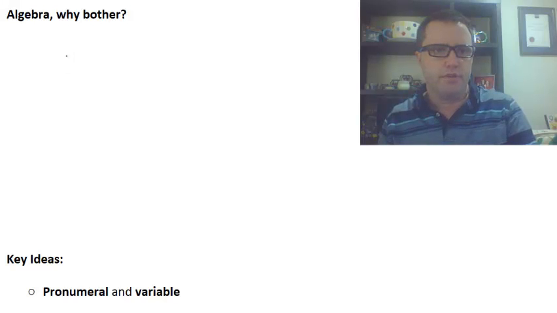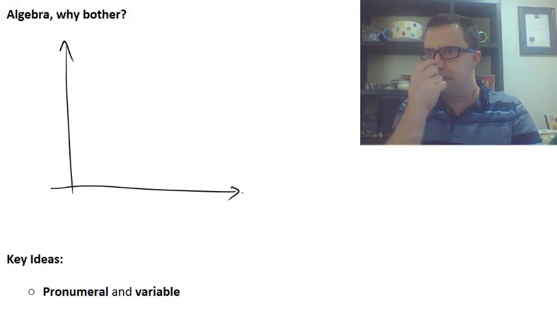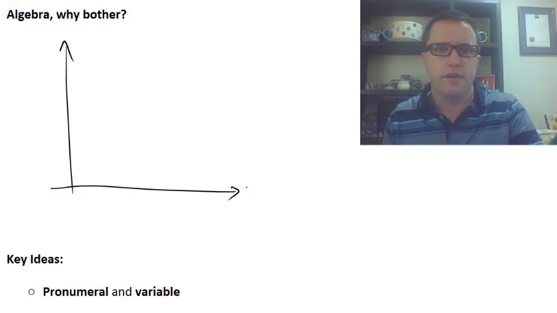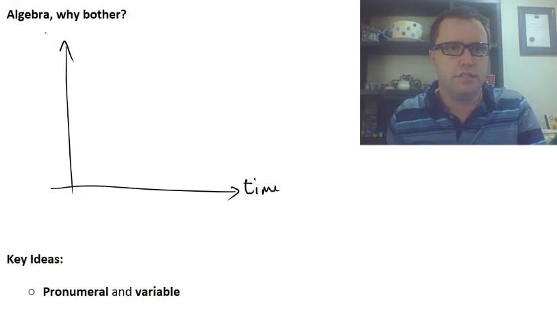For example, you could draw a little graph and you might be able to find a relationship between two different things. So maybe as time goes on, the number of hours, or maybe the number of cookies you ate.